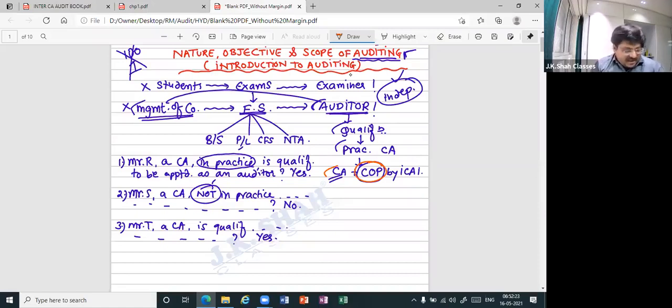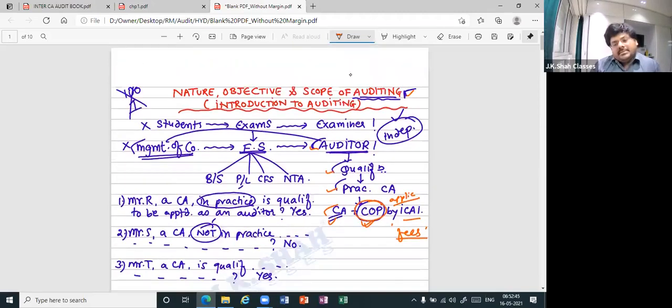Just become a chartered accountant and make an application to ICAI for the COP. Obviously they will not do it for free, so you will have to pay the requisite fees. Once you pay, you will get the COP. Then you become a practicing CA, then you are qualified to become the auditor, and then you can do audit. Is this much okay?